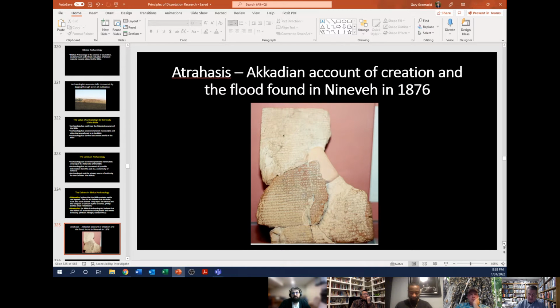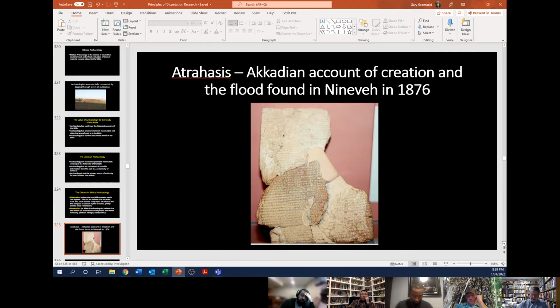Well, let's talk about some of the interesting discoveries as they relate. Now, I've mentioned this before, the book Readings from the Ancient Near East. It actually has a translation. If you're interested in reading, for instance, Lou, since you're doing the creation account as it relates to Job, you might want to read Atrahasis this week, just to see what was the Akkadian account of creation and the flood that was found in the ancient city of Nineveh, which is located in northern Iraq, in 1876.